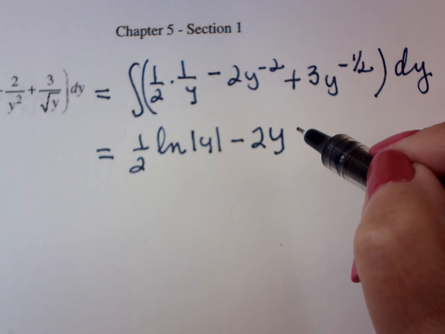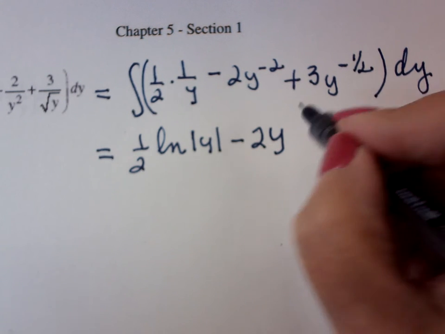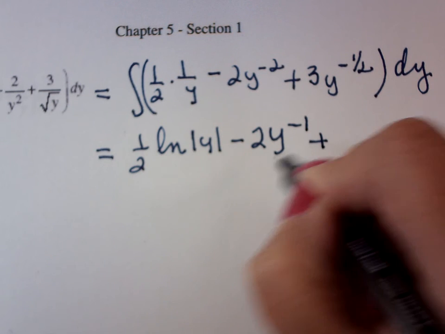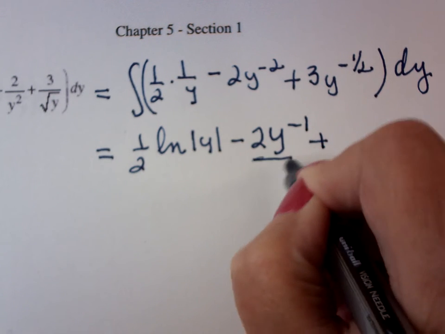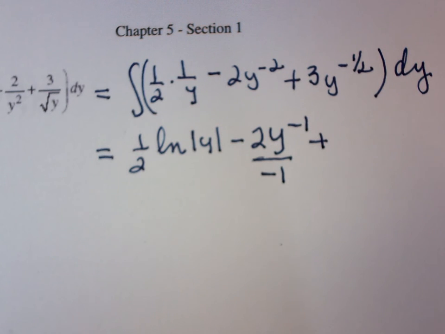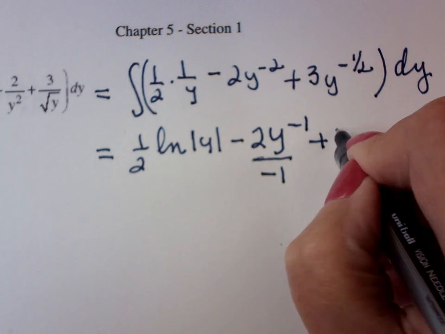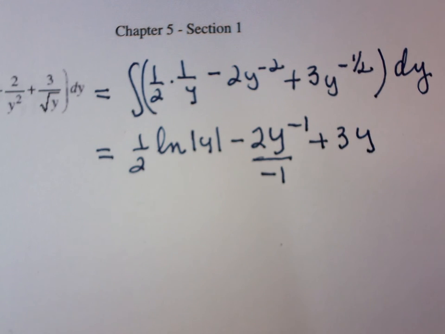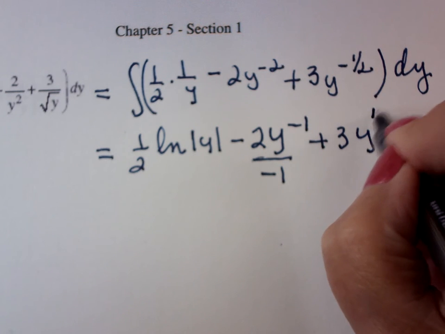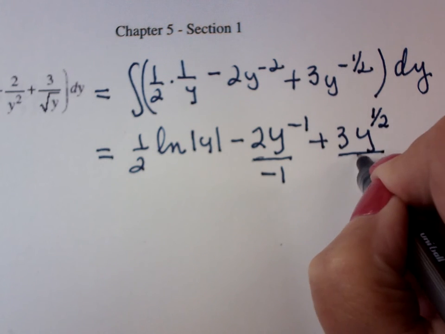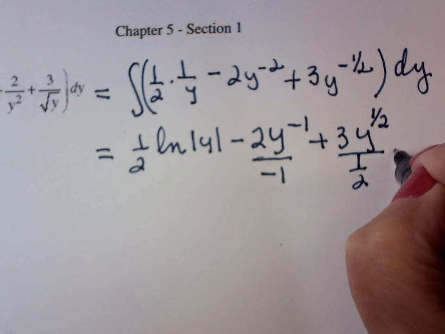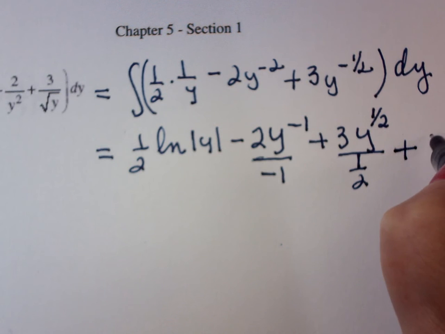Minus 2 plus 1 is minus 1, plus, oh, what did I forget? All over minus 1. And negative 1/2 is 3y to what power? Negative 1/2 plus 1 is 1/2, divided by 1/2, plus constant.